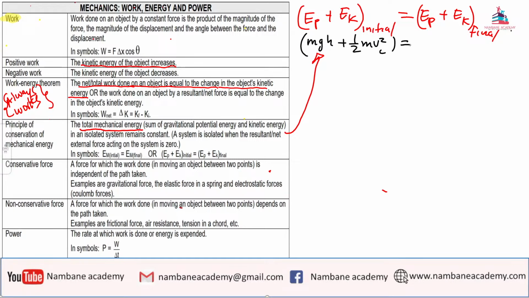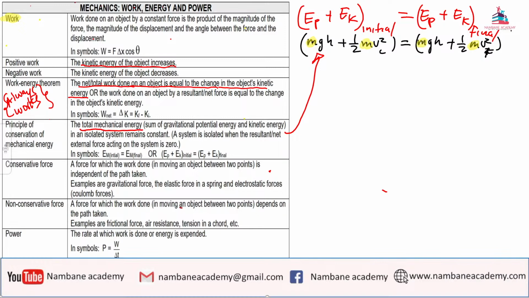We also know now that this will be mgh plus half mv squared final. So what is common throughout? I am looking at the mass. So it is a hint that the examiner will be saying, I am only working with one object here. So once we see one object, chances are conservation of mechanical energy.